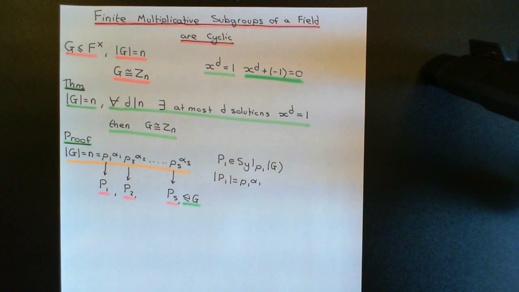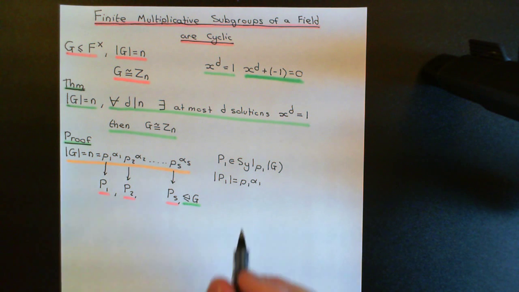Remember, the order of an element is the smallest power you have to raise that element to get the identity back again. Every element must have an order that divides the order of the group, because you can generate from any element its cyclic subgroup, which must have order that divides the order of the group.